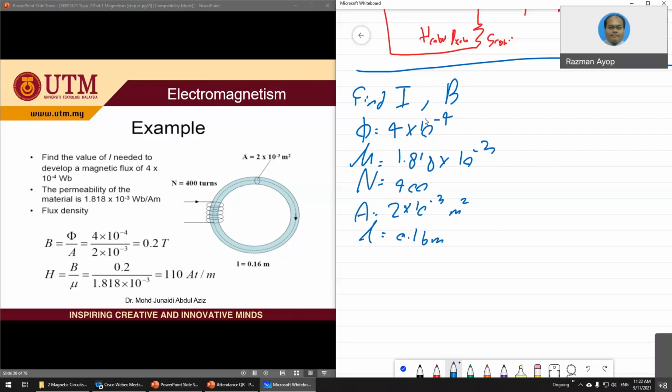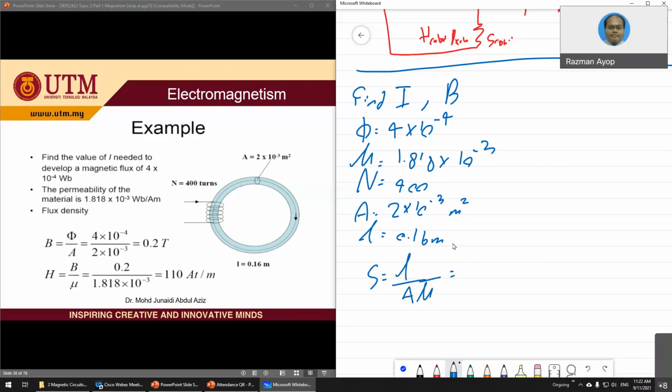So find I. You have the flux. To do this, you have to calculate the reluctance first. So S is equal to L divided by area times mu.